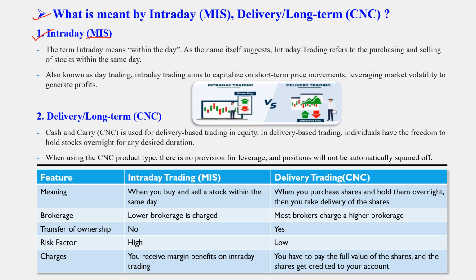The term intraday means within the day. As the name itself suggests, intraday trading refers to the purchasing and selling of stock within the same day, right? So intraday means we need to buy and sell the stock within the day. This is called intraday, and this is also called margin intraday square off.